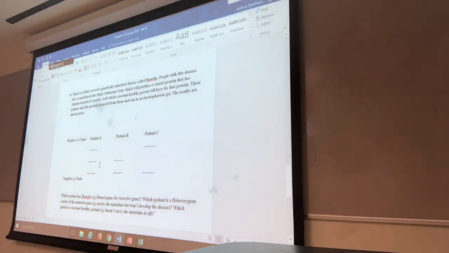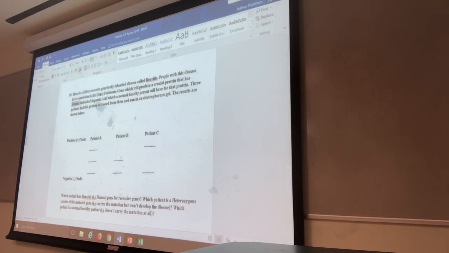Okay. All right. So you will be given one problem that looks like this, where they will talk about some disease. It'll be a long word problem style thing, but I'm going to break it down for you to the easy parts. It'll be a word problem describing some disease, and they will tell you, in our example here, that this disease has a mutation in a gene that produces a crucial protein that has alanine.